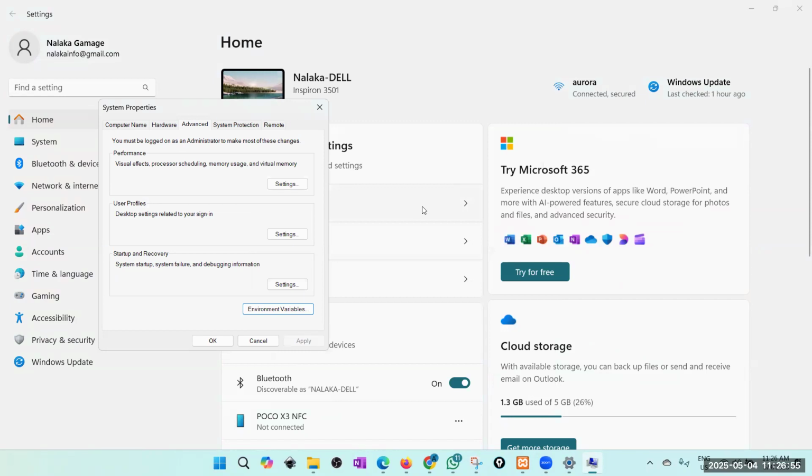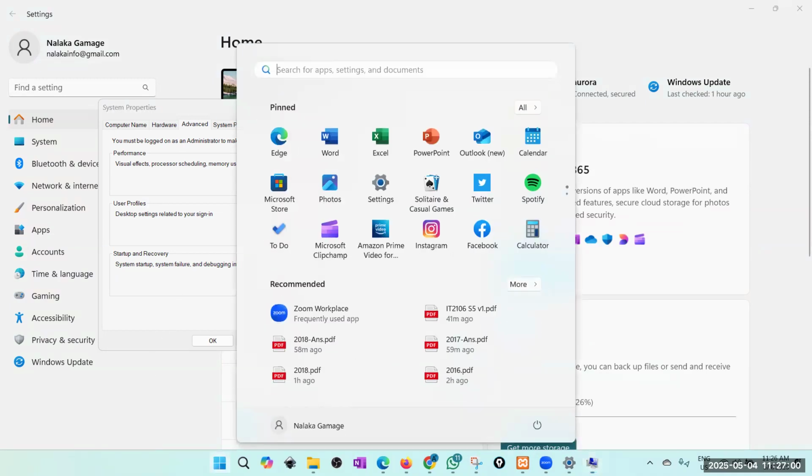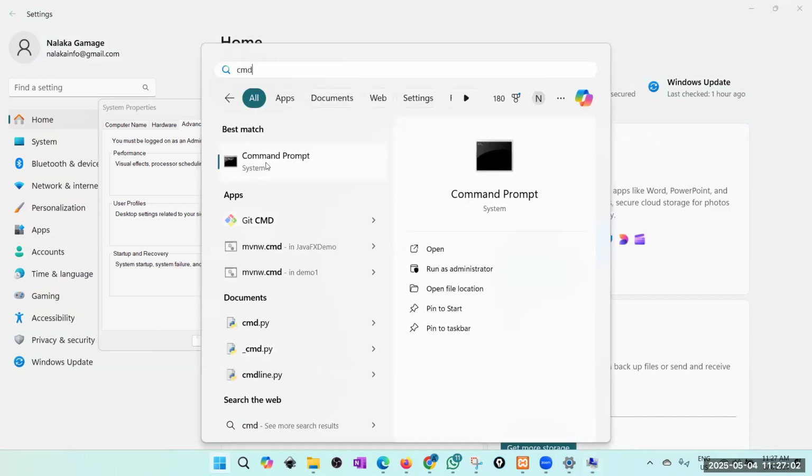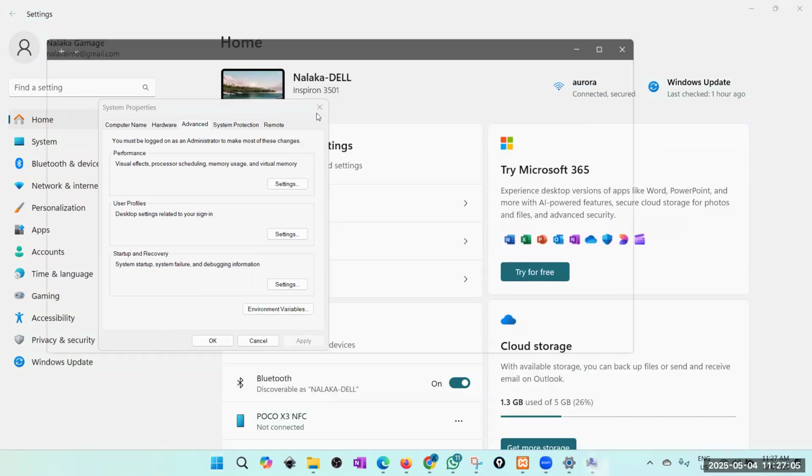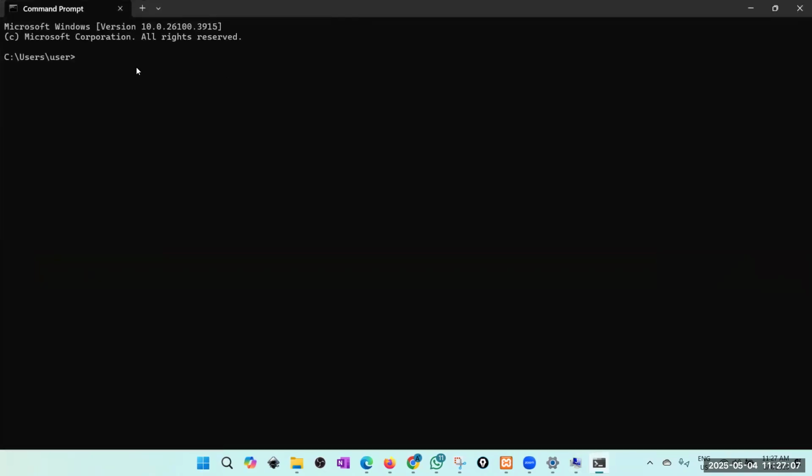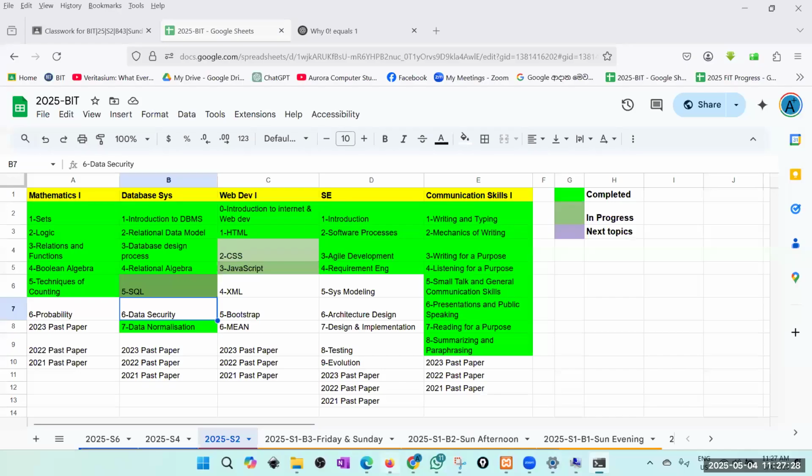Sometimes your installation will do that also. So first of all, you can open a command line and then type MySQL. If it gives you a response like access denied, that means you have set up your MySQL properly, and of course make sure that your MySQL is up and running.